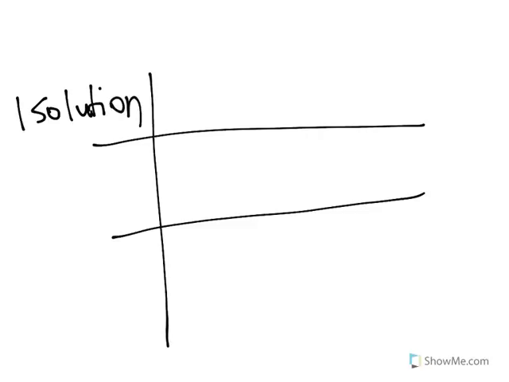Okay, so to summarize, if the solution is all real numbers, the variables, coefficients, and constants are all the same. So I'm going to draw a little chart so you can remember all these things, okay? So if real numbers, everything is the same, okay?